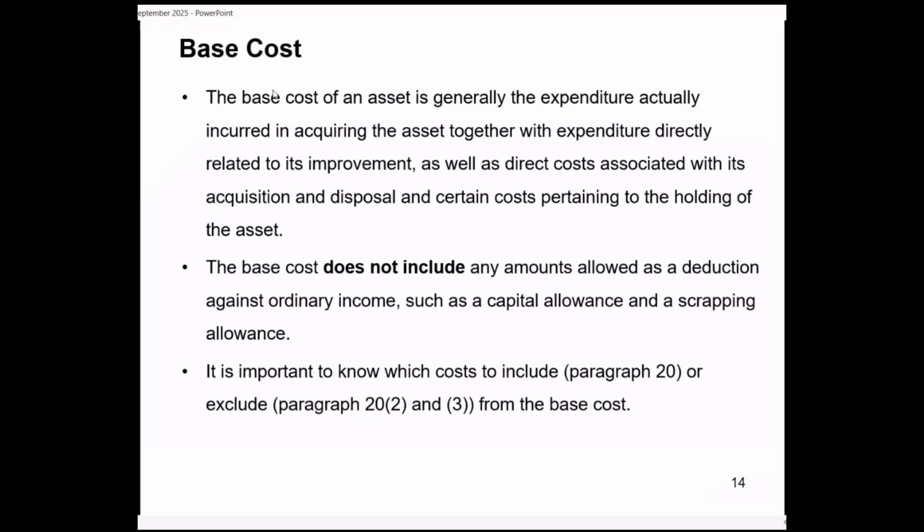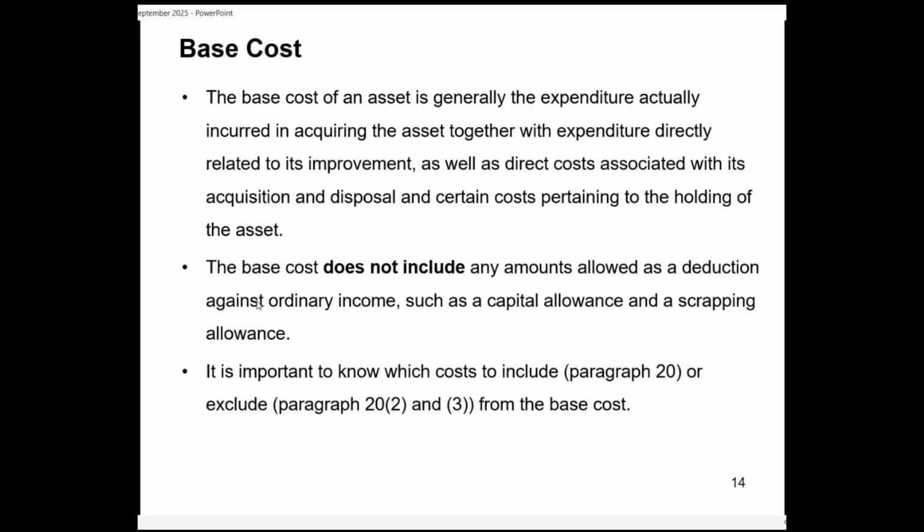In some instances, you will be required to calculate the base cost. So what is the base cost of an asset? Remember this when you calculate the cost of the asset, which is the base cost.